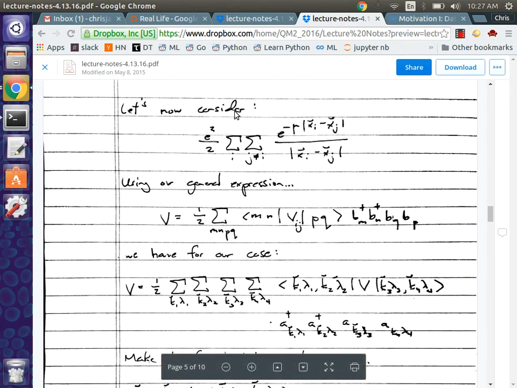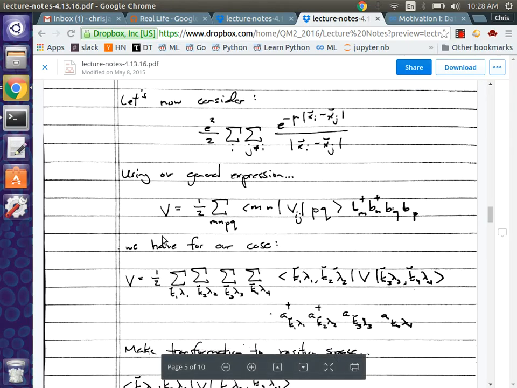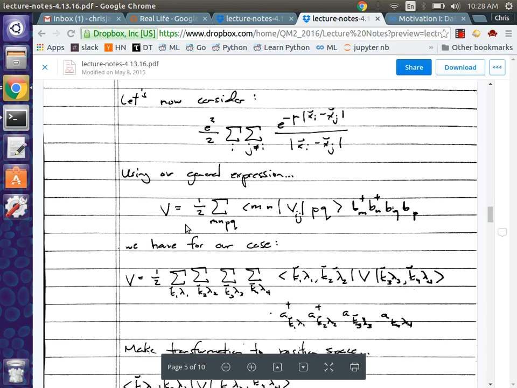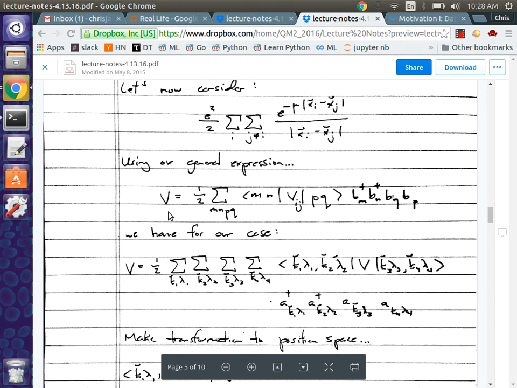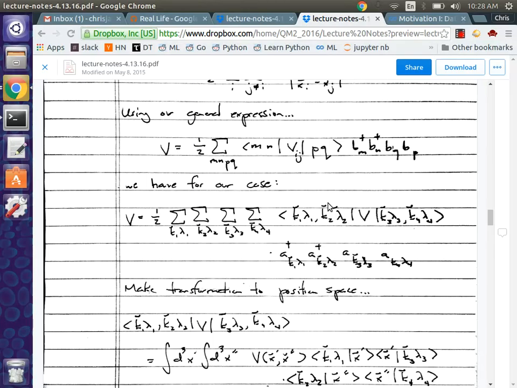The more difficult one is the two particle interaction. All right, so I would write that down using our general expression for the two particle interaction, which we ended with last time, and we wrote it like this, and this is in normal ordering. All right, so in our case, again, we've got 2 degrees of freedom for each particle.